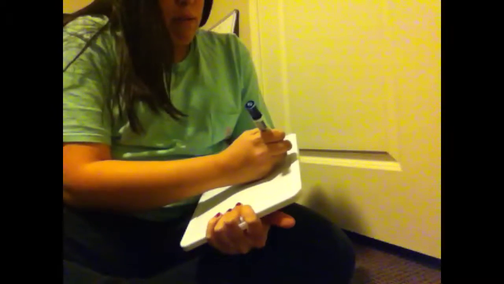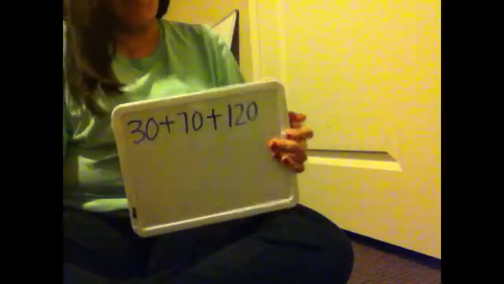Let's say I have 30 apples, and then I have 70 strawberries, lots of strawberries, plus, let's have like 120 oranges. It's all our fruit at school for the day.